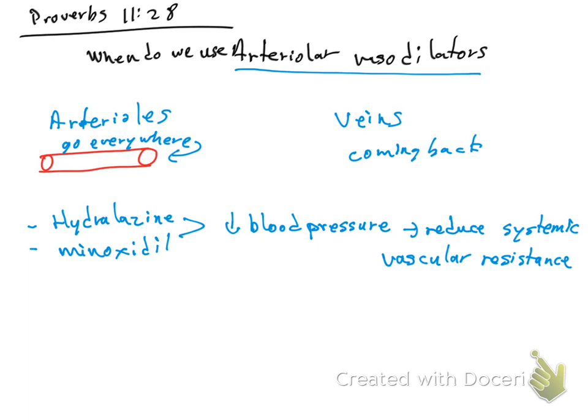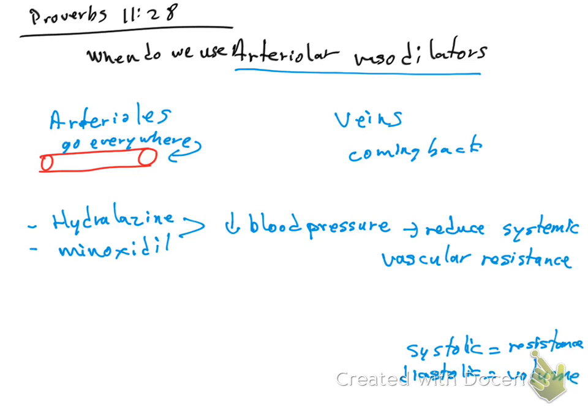Another way to think about it is we have systolic and diastolic pressure. The systolic pressure represents resistance, and the diastolic pressure represents volume.